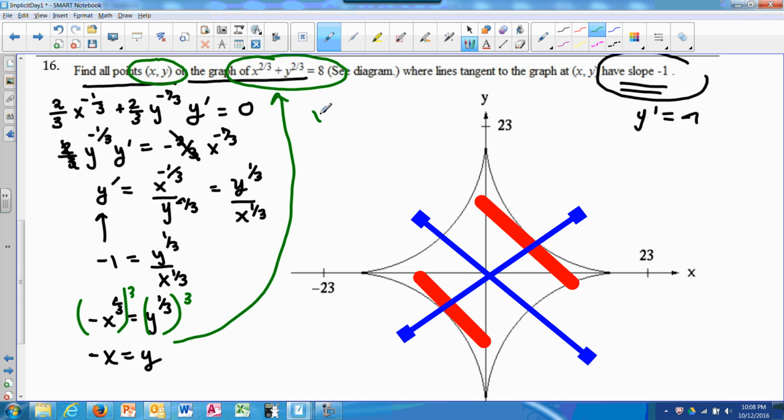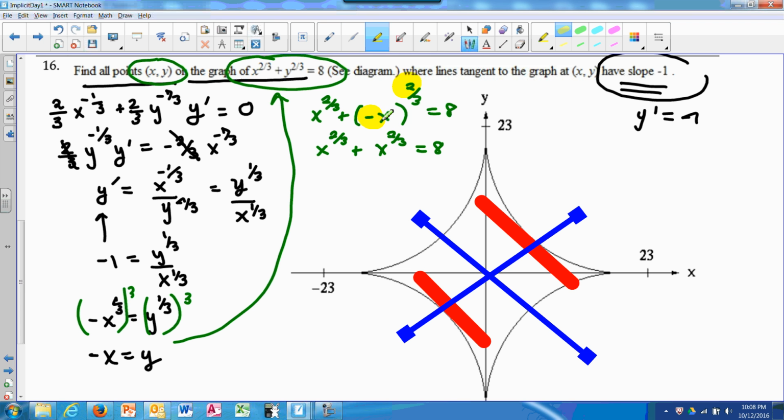That means that x to the 2/3 plus y to the 2/3 has to equal 8, and we can substitute negative x in for y. That means that x to the 2/3 plus x to the 2/3 equals 8. That's because of this square. When we're squaring a negative, that's the cube root. The cube root can have a negative, but when we square it becomes positive.